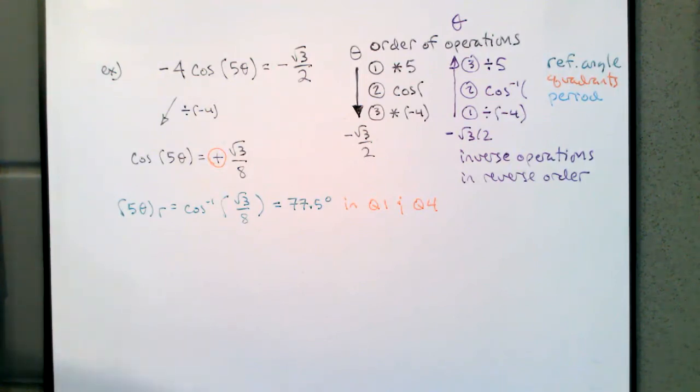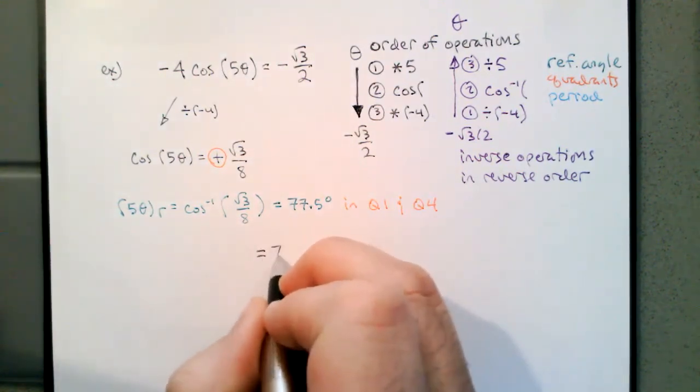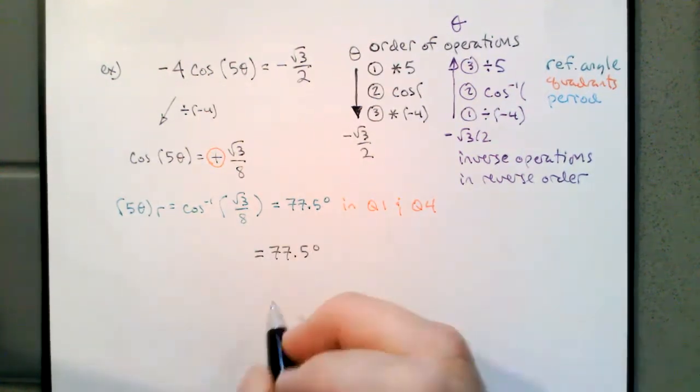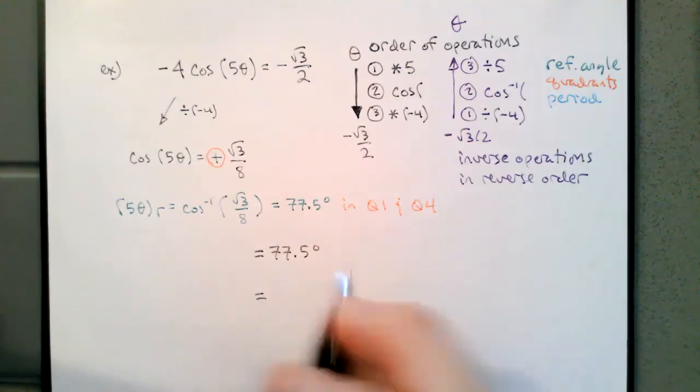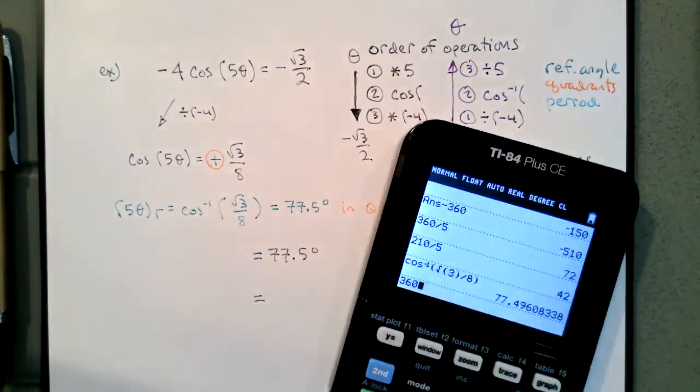So I'm going to have 2 answers. 77.5 in quadrant 1 is just 77.5. And 77.5 in quadrant 4 is just going to be 360 minus 77.5. So 282.5.